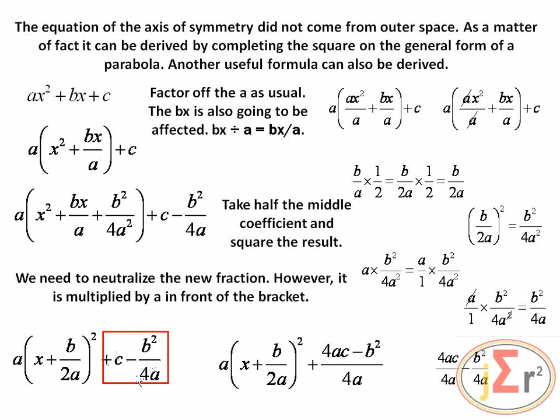We try to convert the whole number to a fraction that has the same denominator as the fraction, and that we do by multiplying by the denominator of the fraction. So we multiply c by 4a, we get 4ac, and we put that back over 4a. So 4ac over 4a minus b squared over 4a, and that is what we have right here. When we combine them, they have the same denominator, so the numerators may be subtracted, and the result is what we have right there.